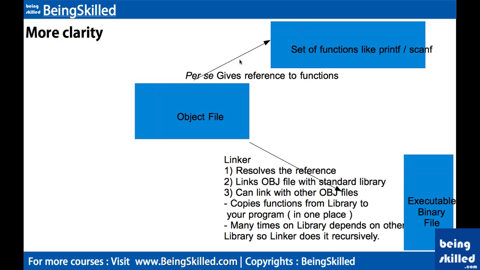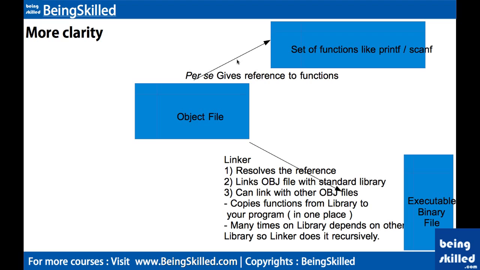So basically the length of the program eventually increases because we are getting data from header files, then we are getting data from functions, and by data we mean C code. Also, many times a library depends on another library, so the linker does it recursively. What does it mean?